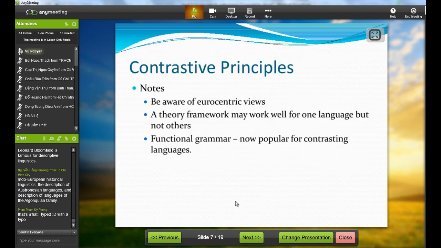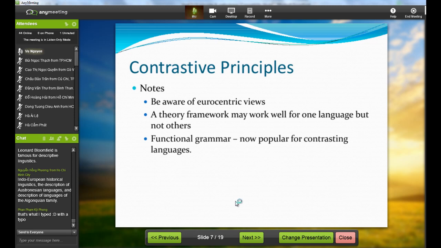Now, there are several notes that I also want you to care about, apart from the four principles that we have just discussed. We need to be aware of the Eurocentric views in analysis. Now, what is Eurocentric views in Vietnamese?